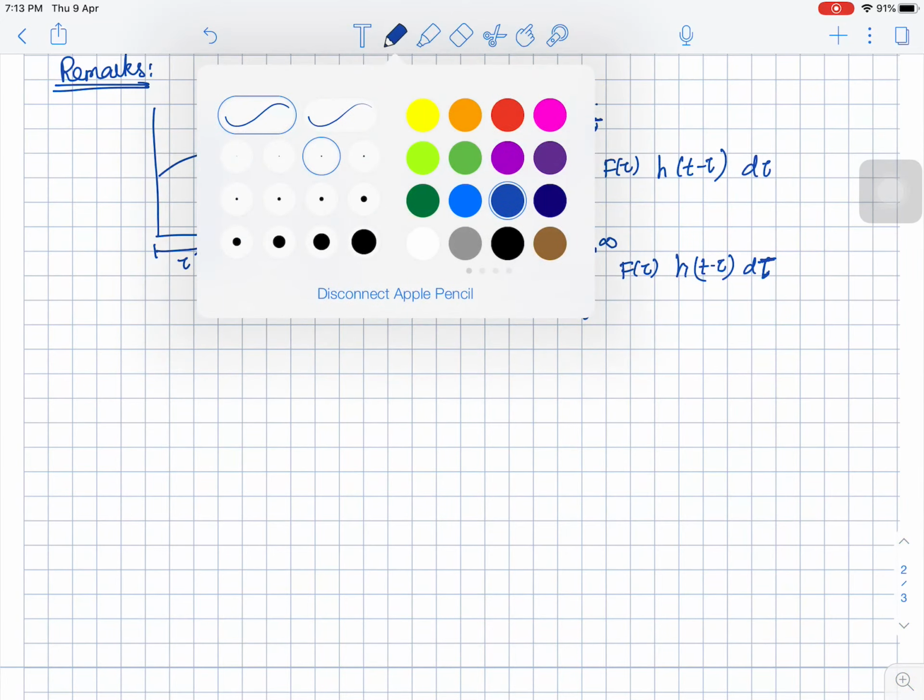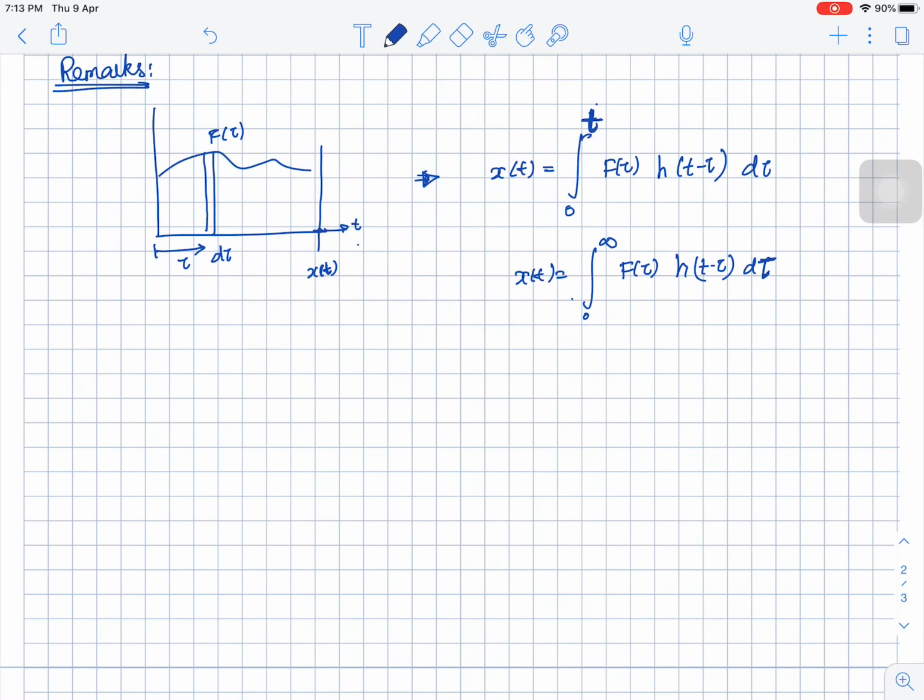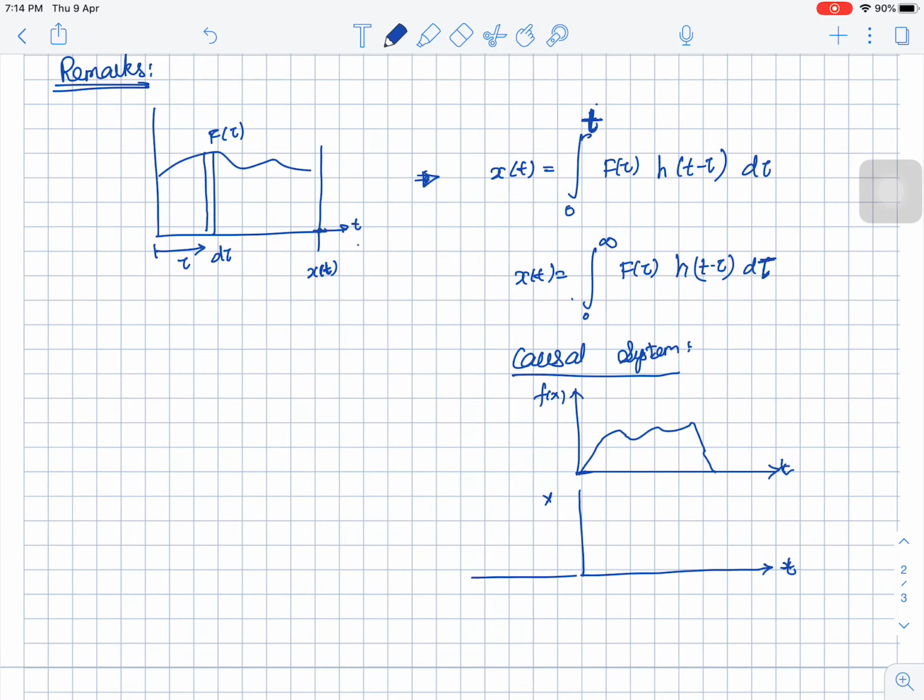Now this kind of system is called a causal system. What that means is the system will only respond after you give the signal. So this is t and this is the forcing function. I'm giving the force from 0, some arbitrary force. If you draw the deflection response, let's say this is the response of x, before that it will be 0.